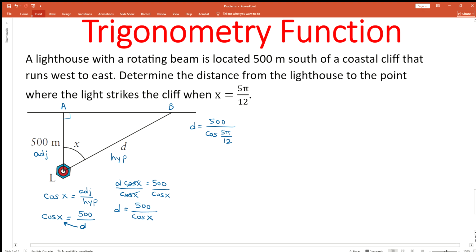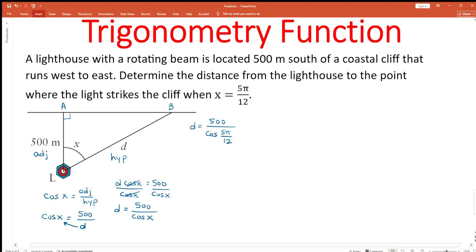5 pi over 12 is not a special angle. Angle 5 pi over 12 is in radians. In order to make it easy to find the exact value of cos 5 pi over 12, we can change 5 pi over 12 into degrees because that will make it easy to do the analysis. You should not show this as part of your work.